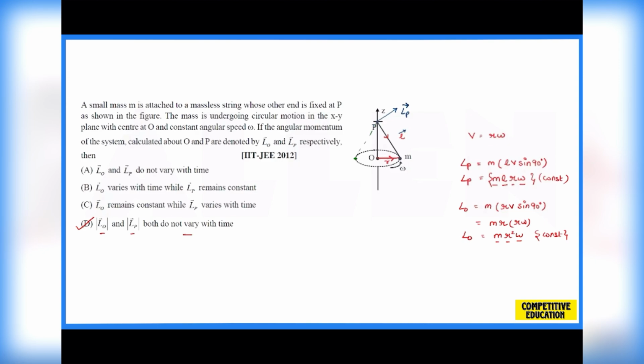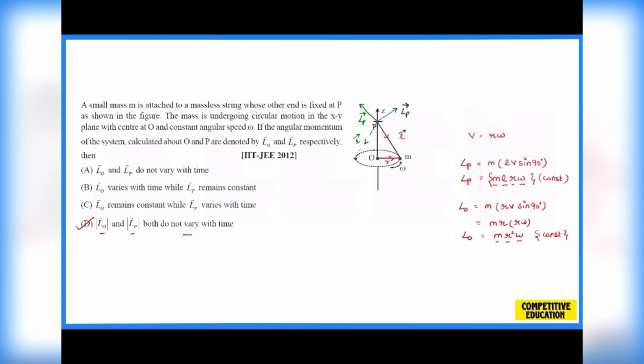By using the right hand thumb rule again, the direction of L_P vector will be like this for this instant. If I check the direction at any other point also, the L_P vector will sweep an inverted cone. So the direction of L_P vector is continuously changing. Its magnitude is constant, but its direction is changing, which means the L_P vector is varying with time.